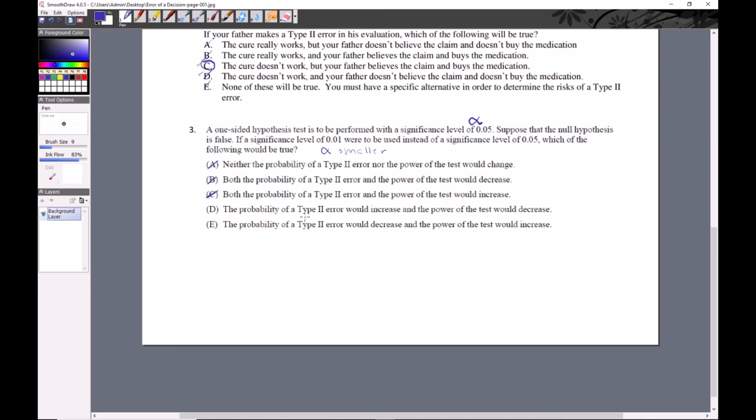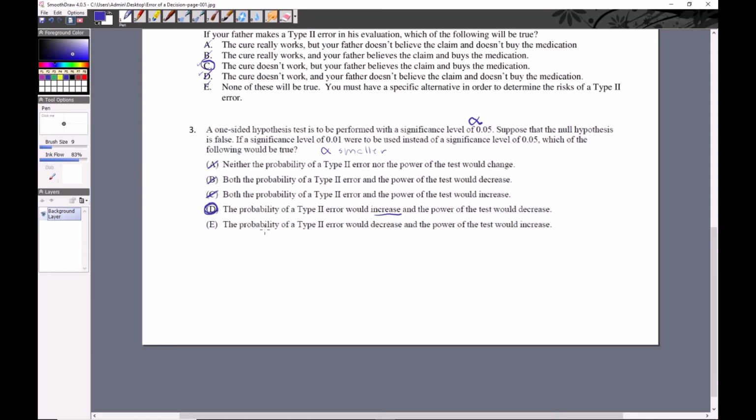All right, probability of a type 2 error would increase. Now that's looking good because when alpha goes down, beta, probability of a type 2 error, should go up. If the type 2 error goes up, then the power of the test should decrease. That is correct.